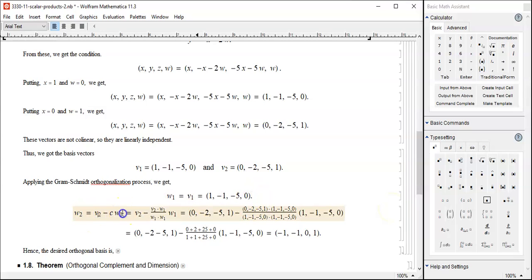W2 is V2 minus CW1. And then, yeah, V dot W over W dot W. We have this, but I cannot follow this computation. In time, of course, I can do it, but quickly I can't do that. In any case, looks like I got this vector so that this is perpendicular to W1.